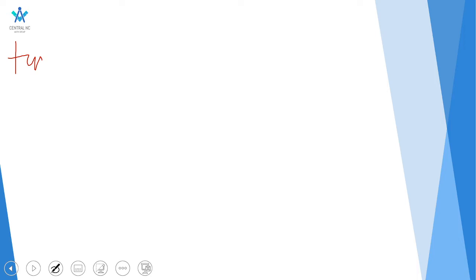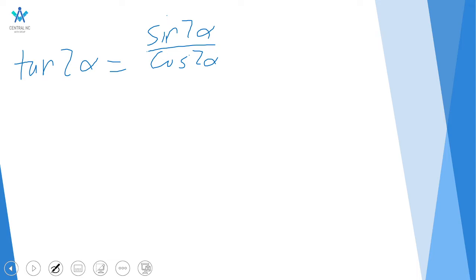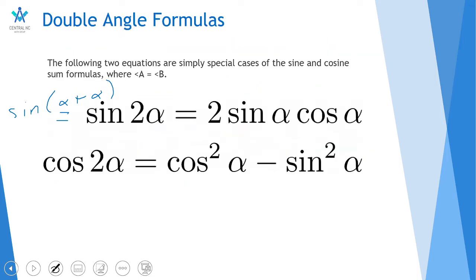Tangent of 2 alpha is equal to sine of 2 alpha over cosine of 2 alpha. Okay, so what we're going to do here is just plug in the formulas that we have here.